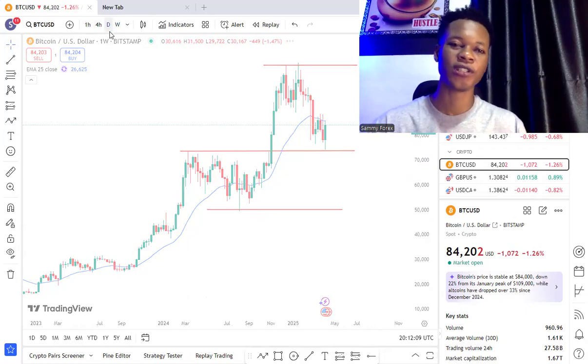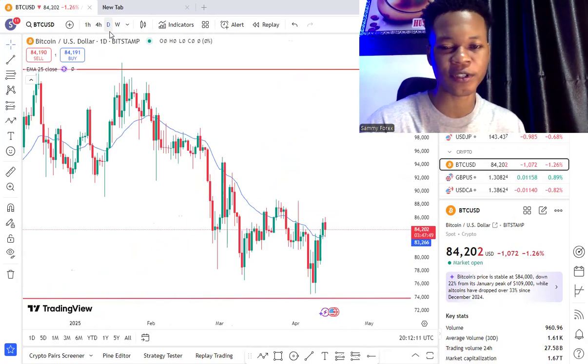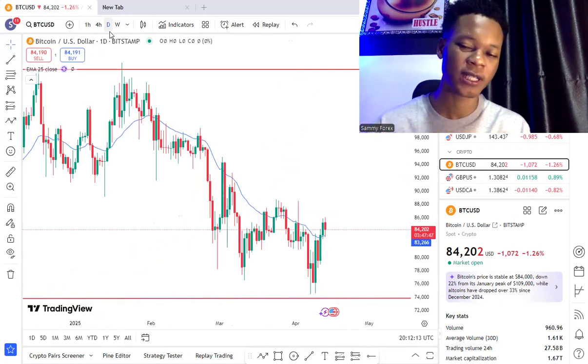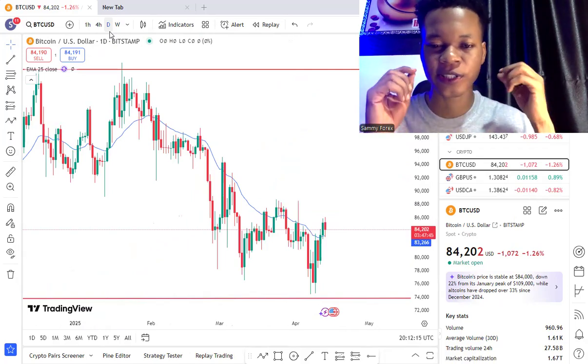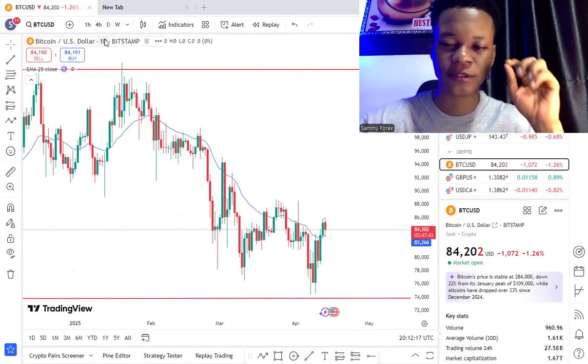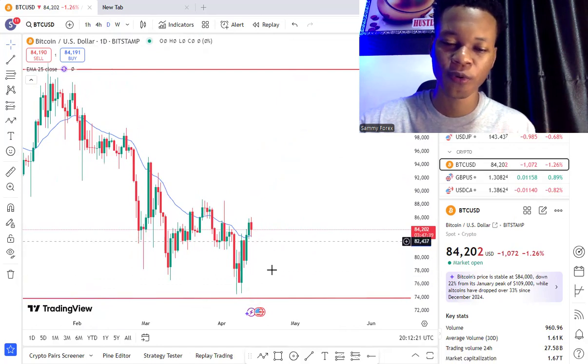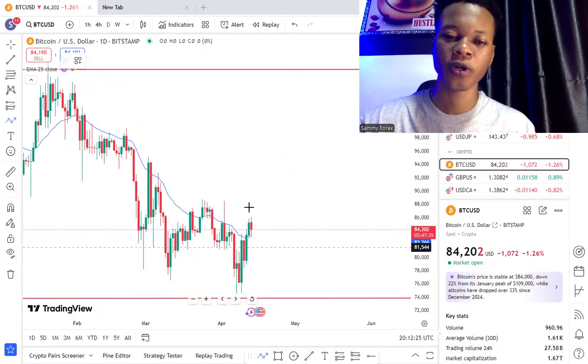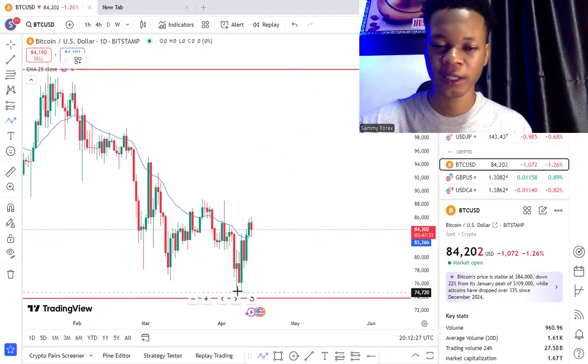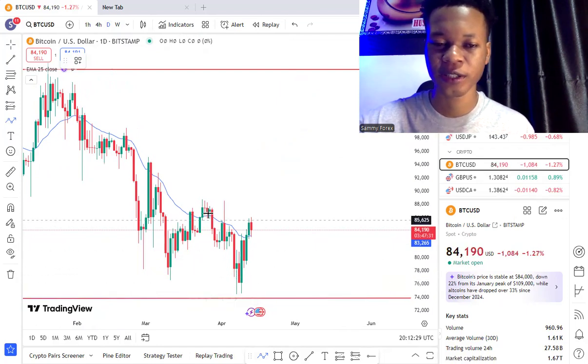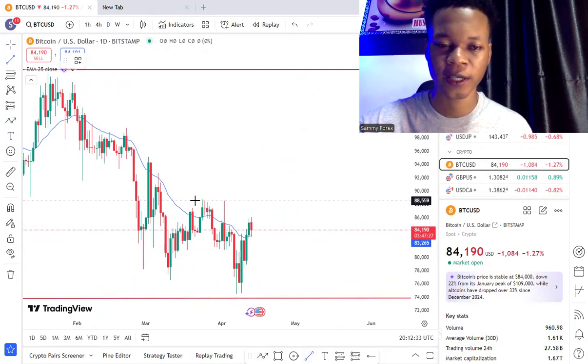So go down to the daily time frame to see what the price is doing. Sorry, that was the weekly time frame. So right now, currently on the daily time frame, the daily time frame is telling me that price is going bullish as well. You notice, of course, the moving average pointing up, and then buyers came here and made a retracement. All you can do is just wait for price to break this high here.